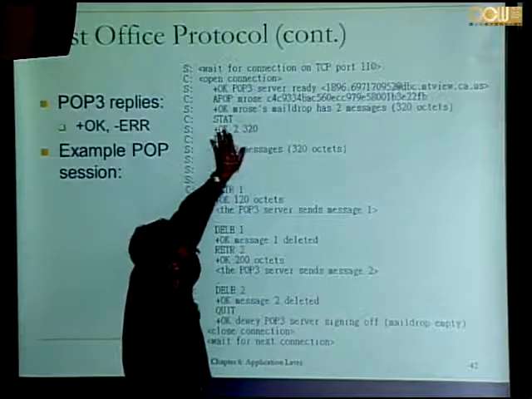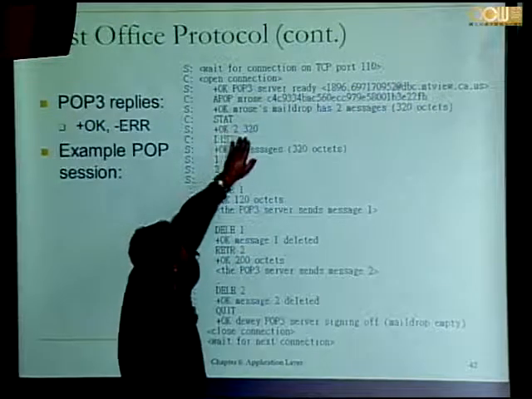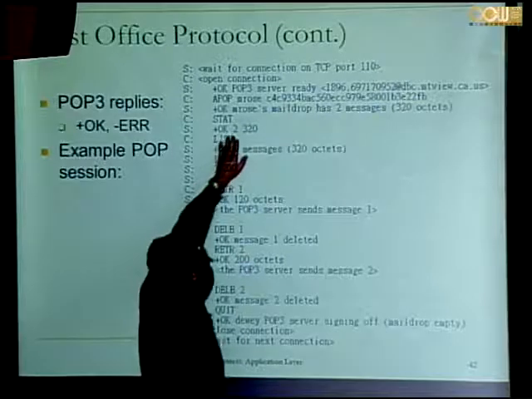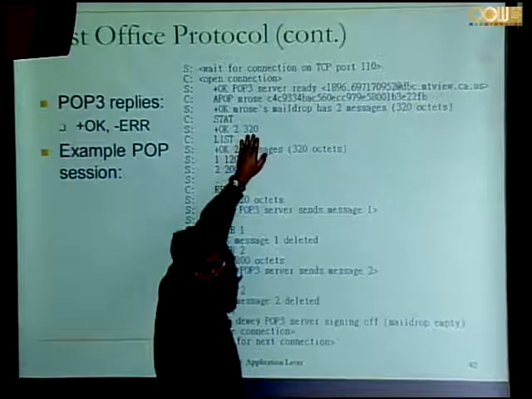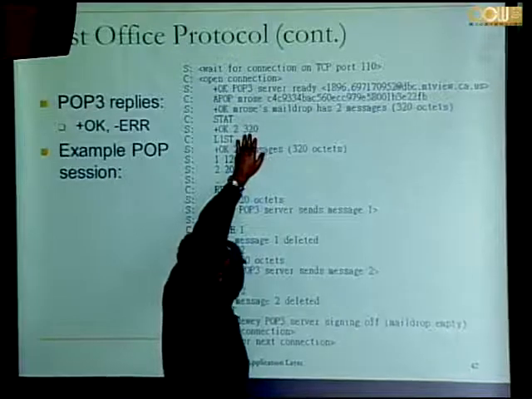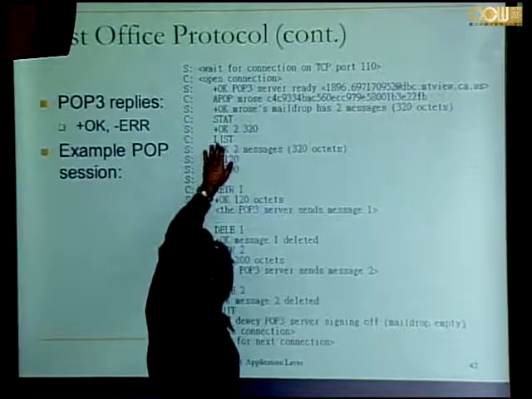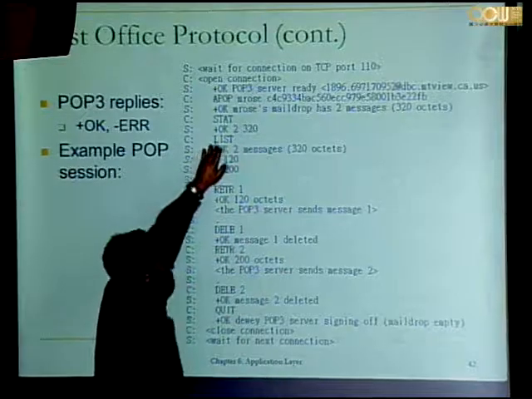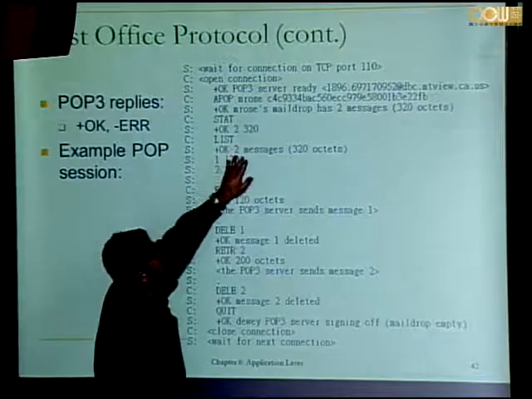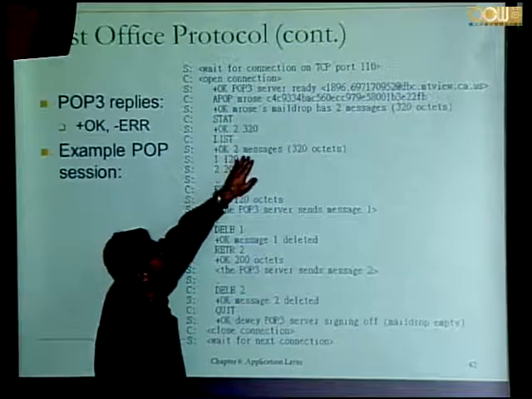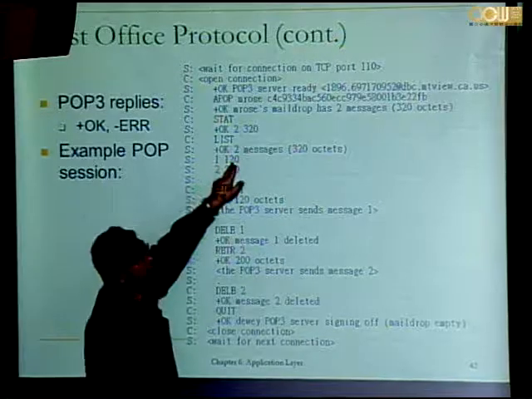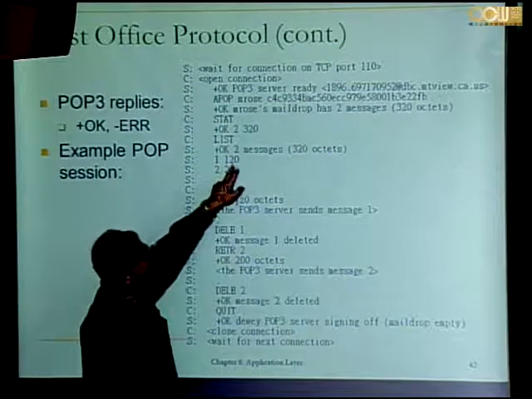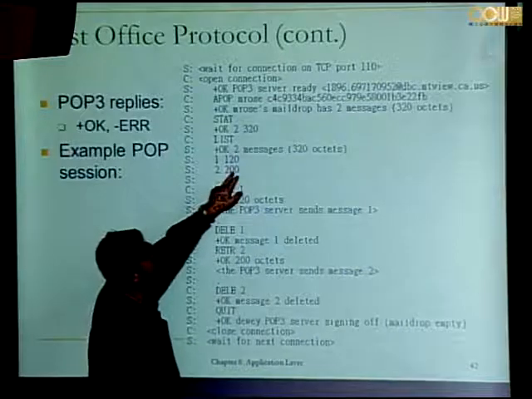It returned OK, and 2 mails, and the total number of bytes, 320 bytes. Then the client sends a LIST, and the server responds with OK, 2 messages. And these are the 2 messages. The first message has 120 bytes. The second message has 200 bytes, and that's it.